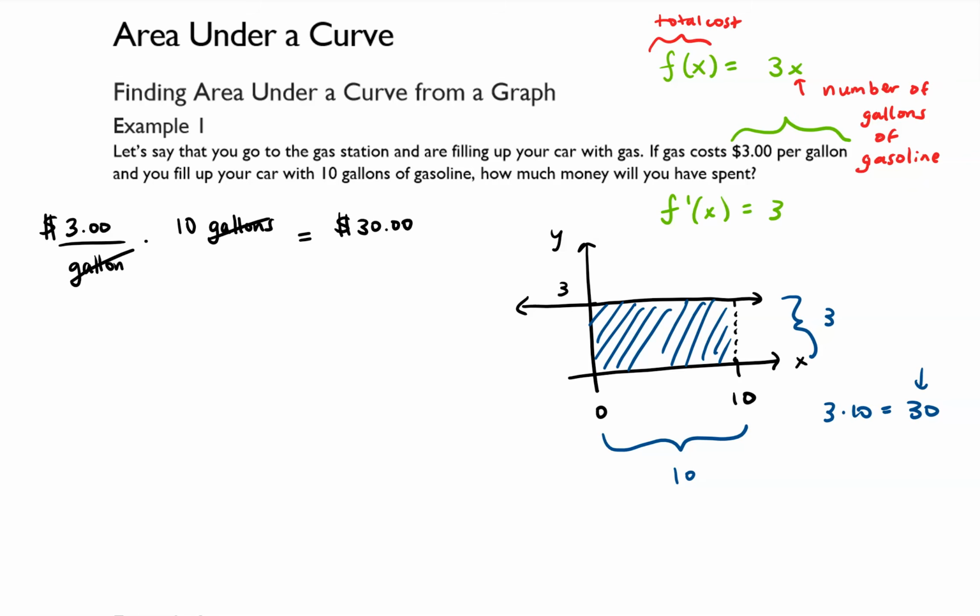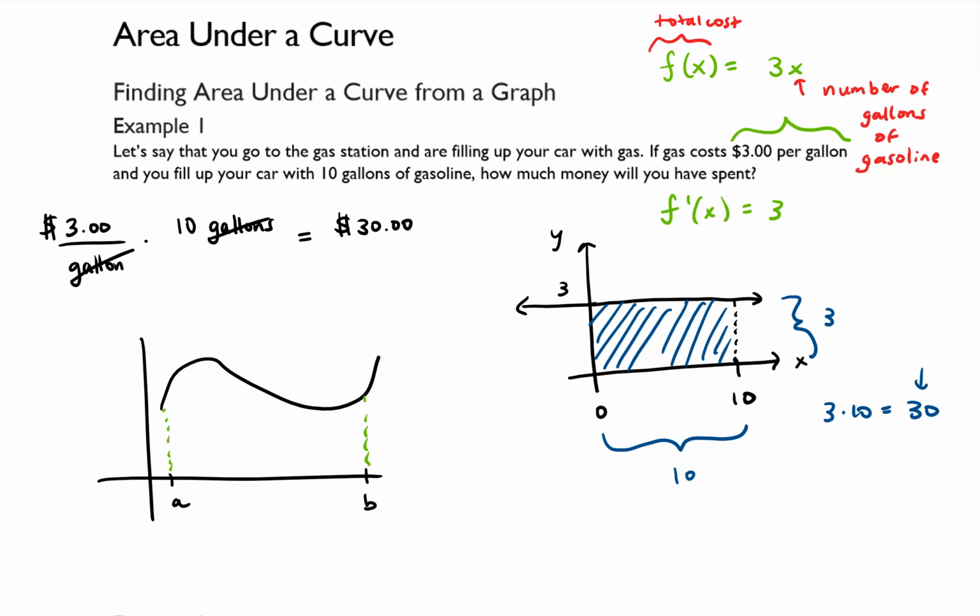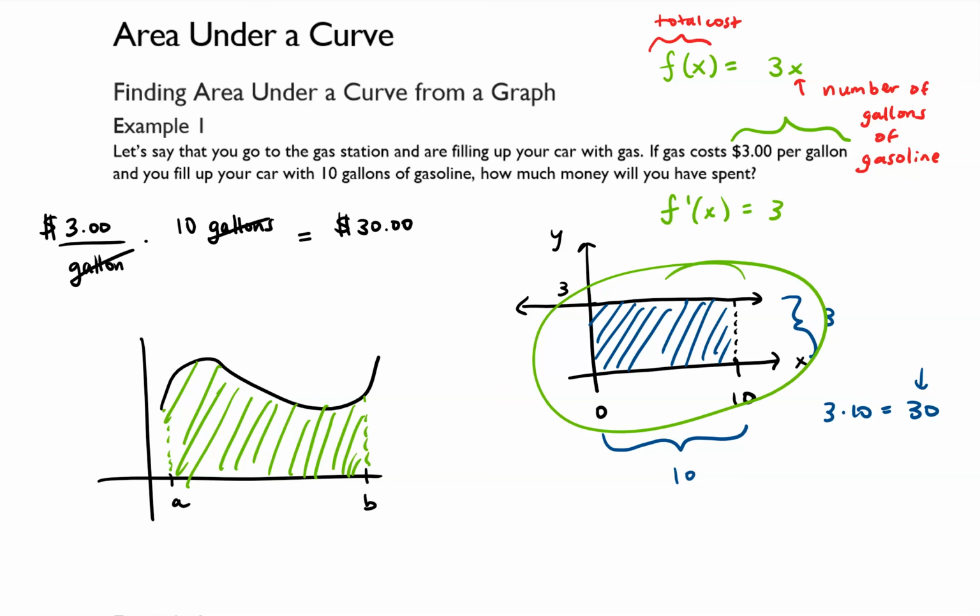So this is kind of the motivation in this section of why we want to be thinking about the area under curves. Now, in a lot of scenarios, it's not going to be as simple as it was in this example, because if we are looking from A to B underneath this curve, this shape here is not a rectangle, so it's not as simple to find the area of that shape as it was here where we had a rectangle.